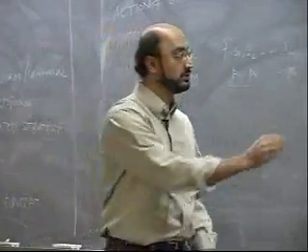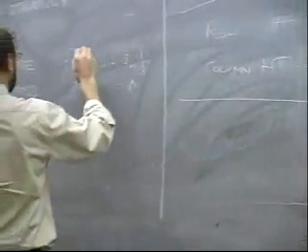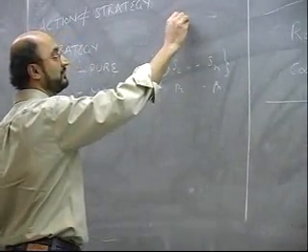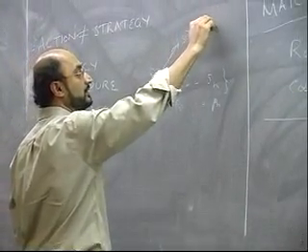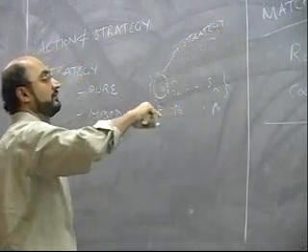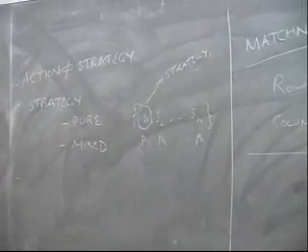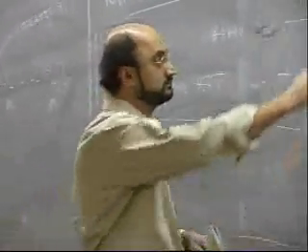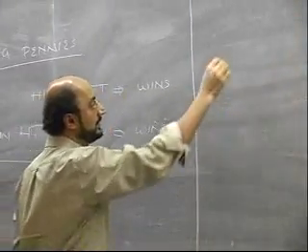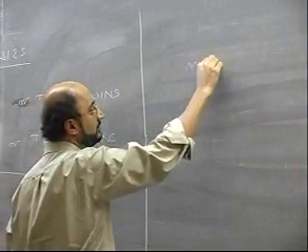Okay, so just as a notation, strategies are denoted S. So S_i is the representation for the strategy of a particular player i. Now, let's assume we have n players.